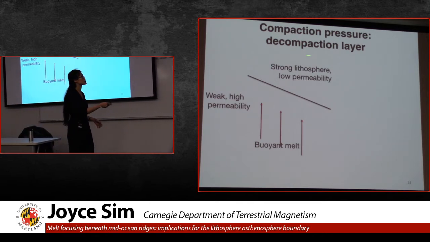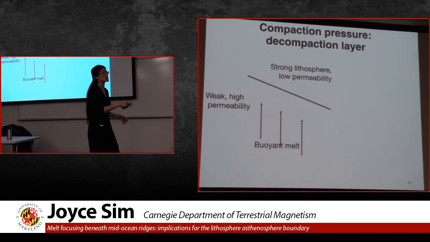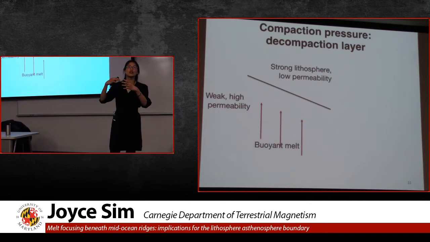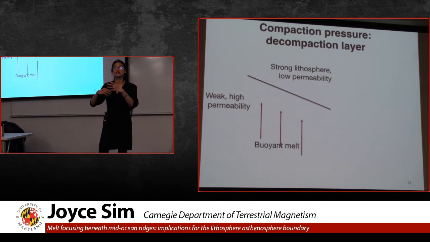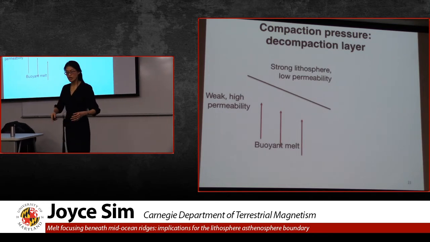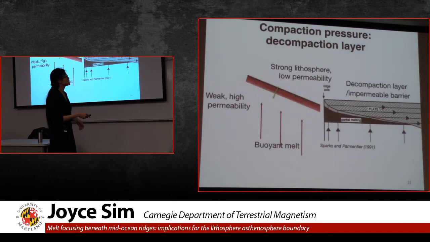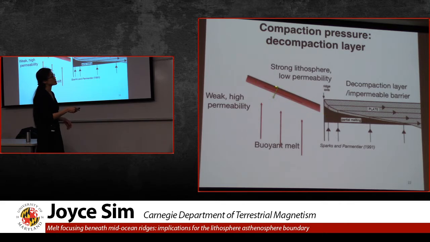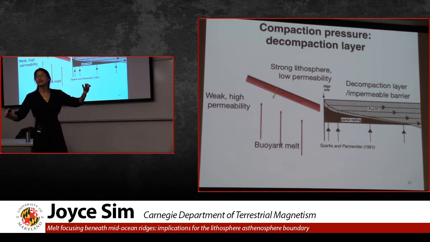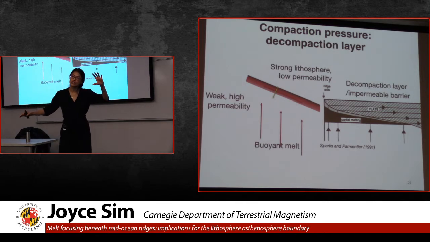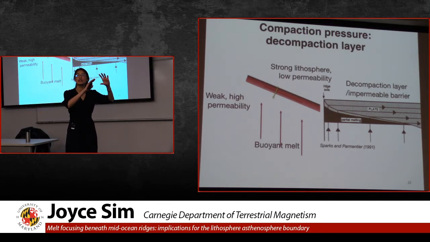And it encounters a strong lithosphere that has low permeability, so melt cannot go through it. So it forms this layer here. The decompaction pressure essentially pushes melt away from this strong lithosphere and creates that decompaction channel. And because it's slanted, it moves the melt buoyantly up towards the ridge axis.